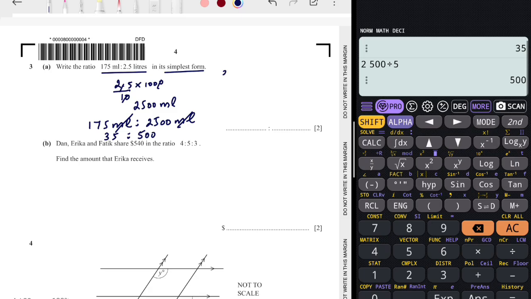Now both values can again be divisible by 5. So 5 sevens are 35 and 5 100s are 500. So final answer would be 7/100. Next question.